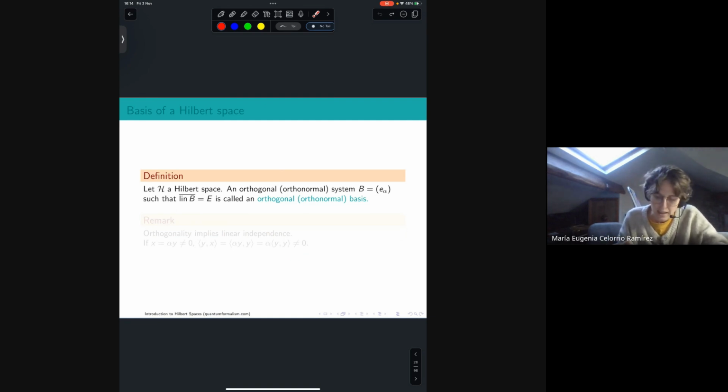In this case, if the closure of the linear span of this system is the whole space, oh, sorry, this should be H, then we are talking about a basis. So basically, an orthonormal or orthogonal system that can span the whole Hilbert space is a basis for the Hilbert space.